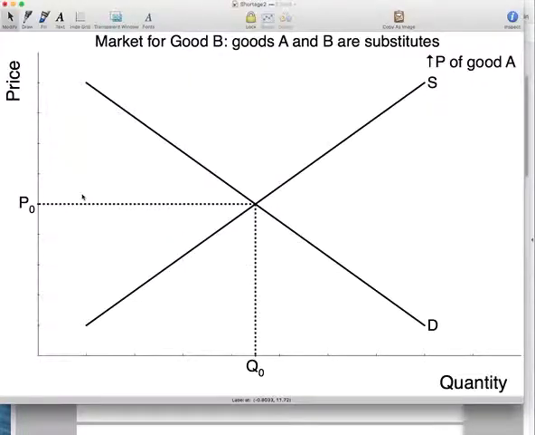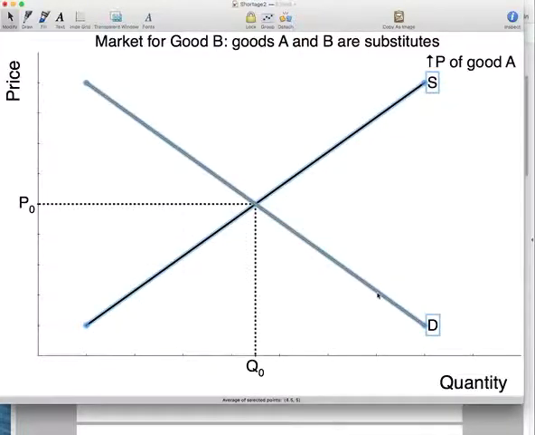As with every other potential problem I talked about previously, starting with the market in equilibrium should look like this. You should have the axes labeled, the y-axis price, the x-axis quantity. You should have an upward sloping supply curve, a downward sloping demand curve. The supply curve is upward sloping because of the law of supply, which states that there is a positive relationship between price and quantity supplied.